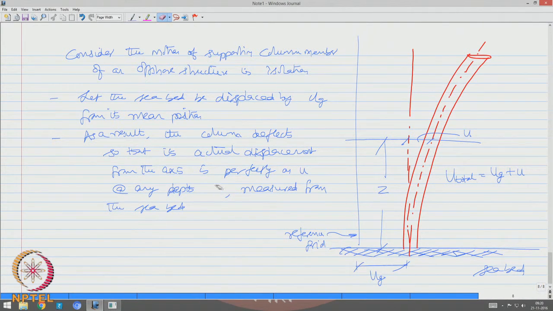Let us say any depth z measured from the seabed.